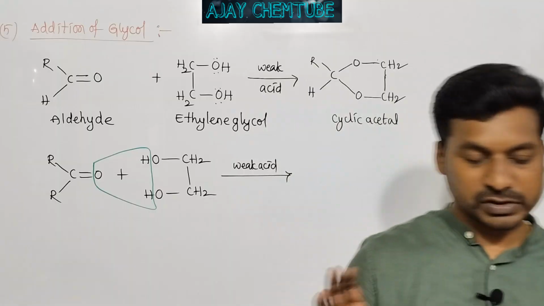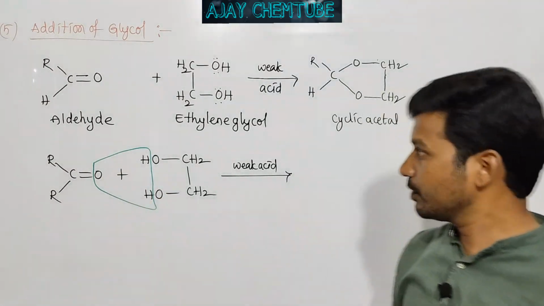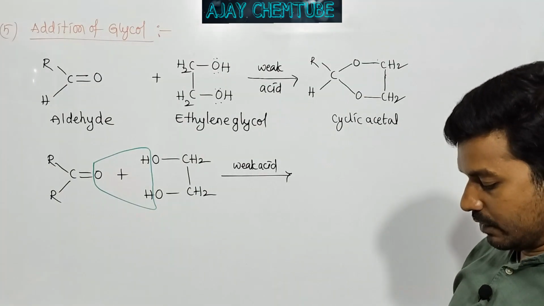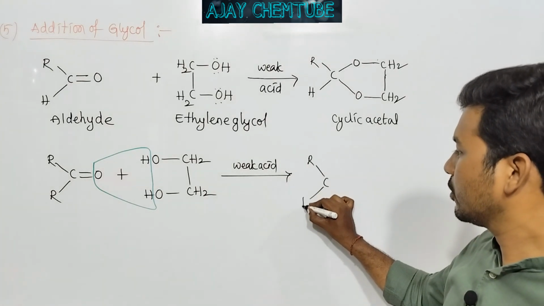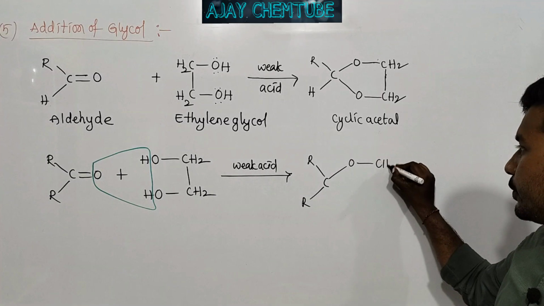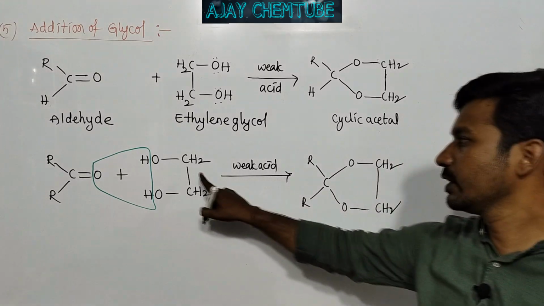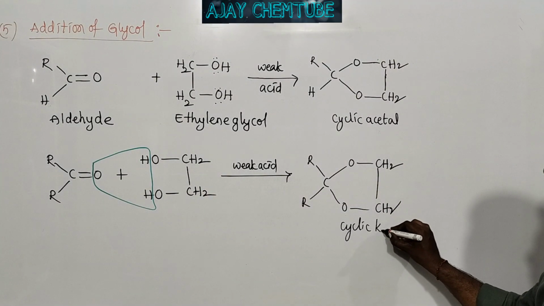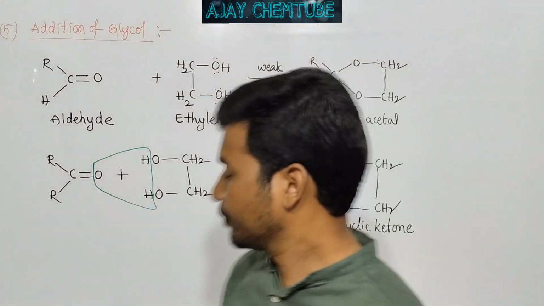Of course, this is not an elimination reaction, not removal of H2O, but an addition reaction, nucleophilic addition reaction. What will be the product? R here and C here. Here O, CH2, here O, CH2, between the two CH2 there is a bond. This is what? Cyclic ketol.